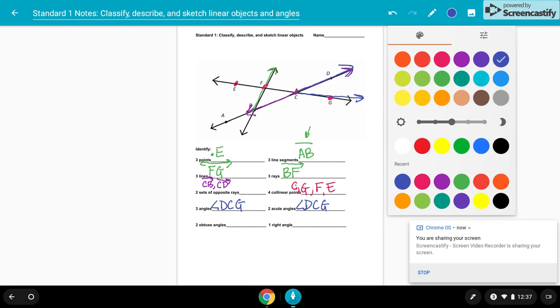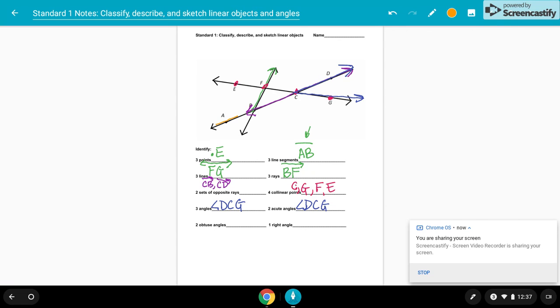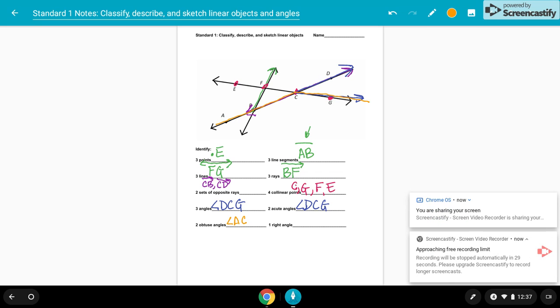An obtuse angle that pops out is this one. That would be angle ACG. And then I'm going to leave the right angle up to you if there is one. Tricky. Anyway, go ahead, finish this up, and then check your answers with me, and then you can get going on learning target 2.